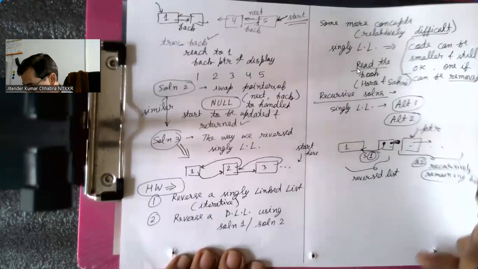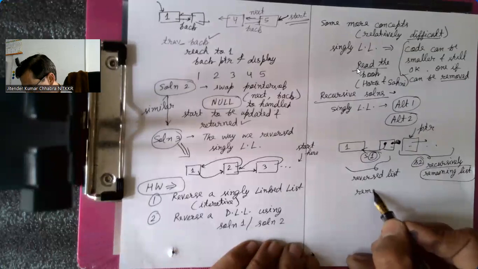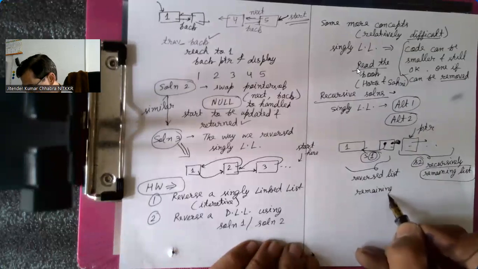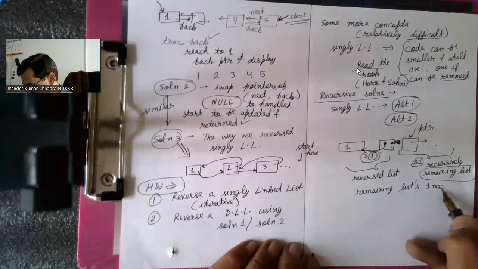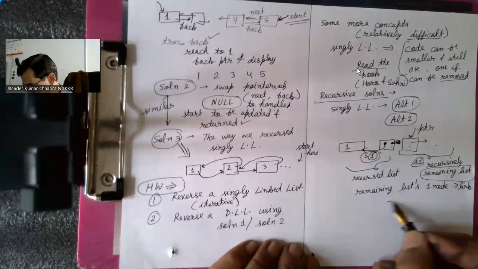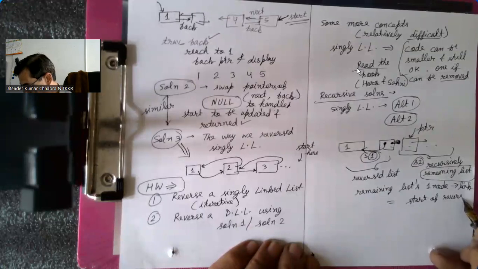And every time your remaining list's first node's arrow link is to be given to the start of the reversed list.